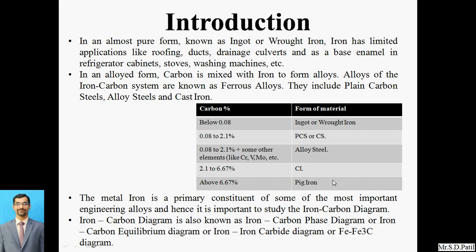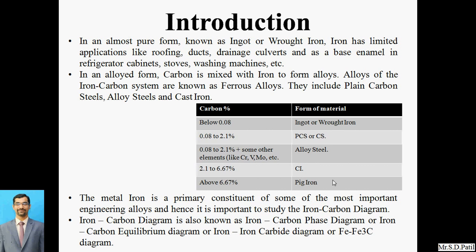So these are basically three terms of iron. Try to understand what I want to say. Three kinds of iron phases are there, and in between, we will see which kind of phase it is. When the percentage of carbon is below 0.08%, from 0 to 0.08%, that is very pure iron, and that pure iron is called wrought iron.